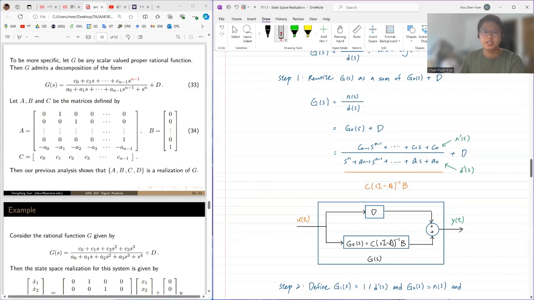Since G0(s) is a strictly proper rational function, we can express it as a fraction of two polynomials, where the degree of the denominator polynomial D'(s) is n, and the degree of the numerator polynomial N'(s) is at most n minus 1. Here, the constant d is the direct transmission matrix of the state space model that we are looking for, and the function G0(s) is equal to C times the inverse of sI minus A times B.